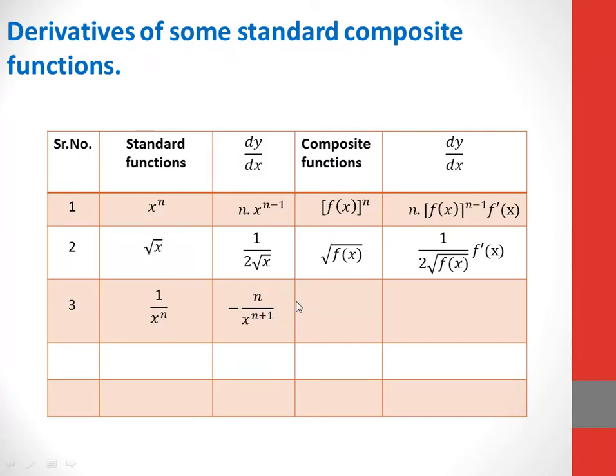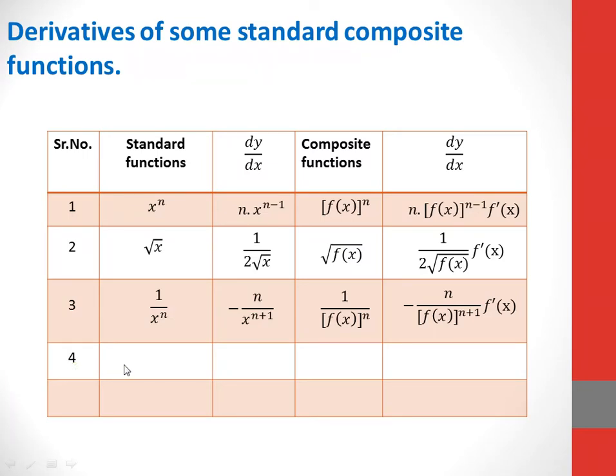Okay, now if 1 upon f of x raised to n is given to you, then by the chain rule it becomes minus n upon f of x raised to n plus 1 into f dash x. So just remember, you can take the value of n as 2, 3, 4, any, then you have to use the rule like this. Okay, so we have completed all these three algebraic functions.